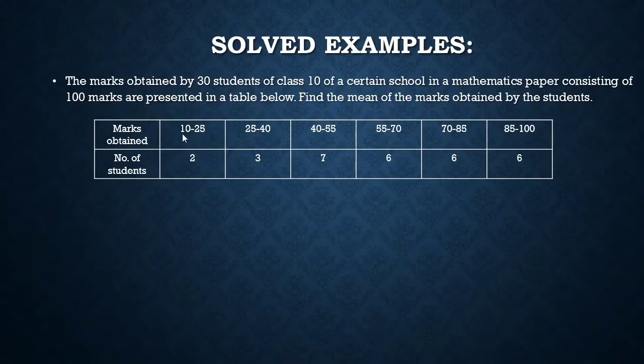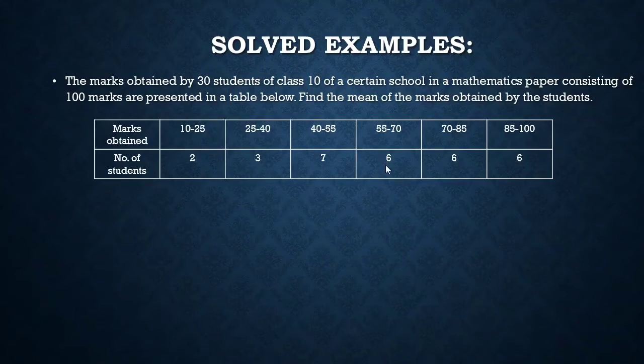So this is marks 10 to 25, this is 25 to 40, here 40 to 55, 55 to 70, 70 to 85 and 85 to 100 are the class intervals or the marks obtained by the students. So the number of students who obtained marks from 10 to 25 is 2, and the number of students who obtained marks 25 to 40 is 3, and the number of students who obtained 40 to 55 marks is 7.